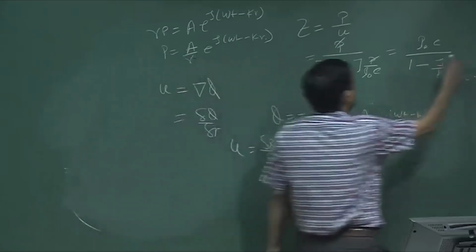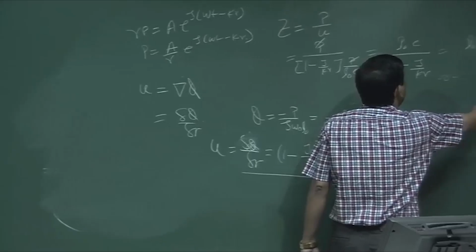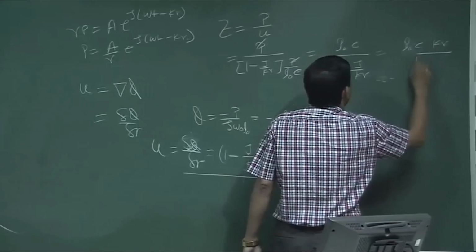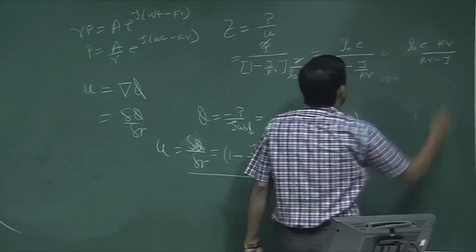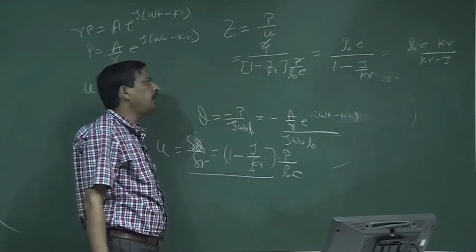So I can write it as rho 0 C into k r by k r minus j.